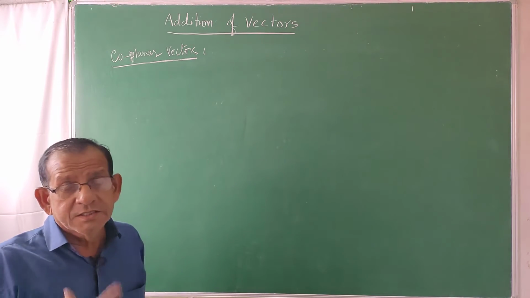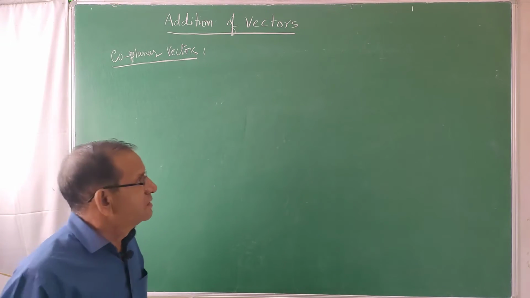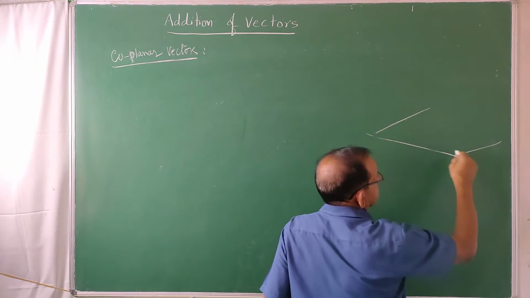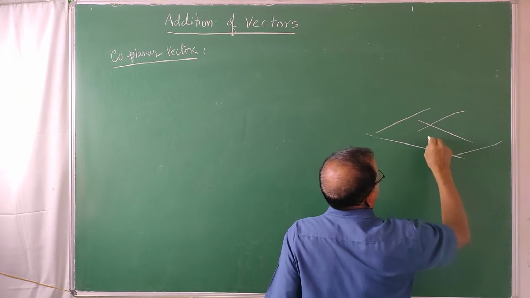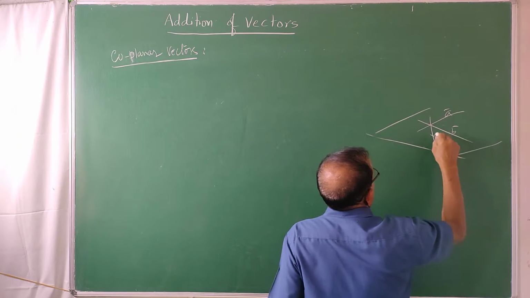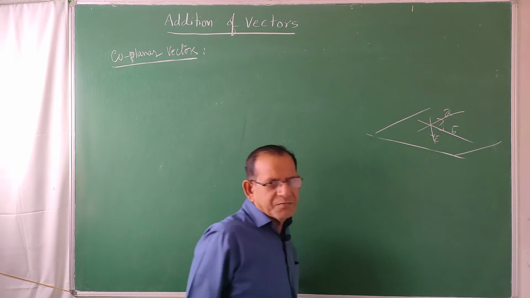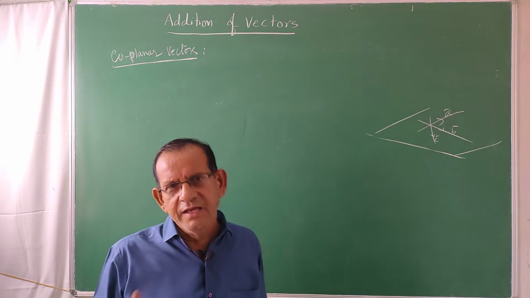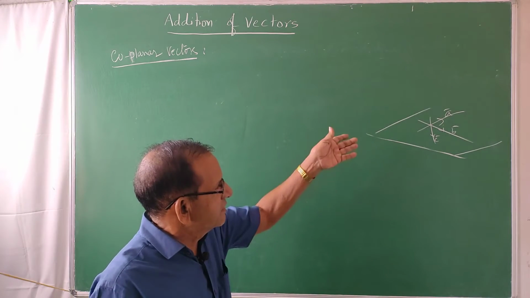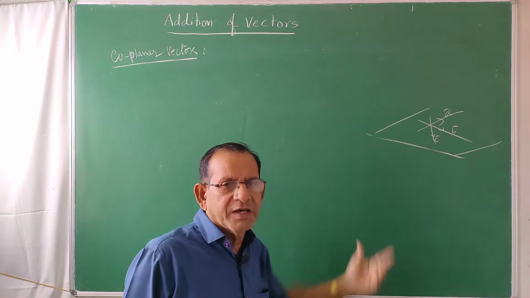Now let us discuss coplanar vectors. Suppose there is a plane, let us take a limited plane. Suppose this is one vector, this is another vector, and this is another vector, a bar, b bar, and c bar. If three or more vectors lie on the same plane, or one vector is on the plane and that plane is parallel to another plane.